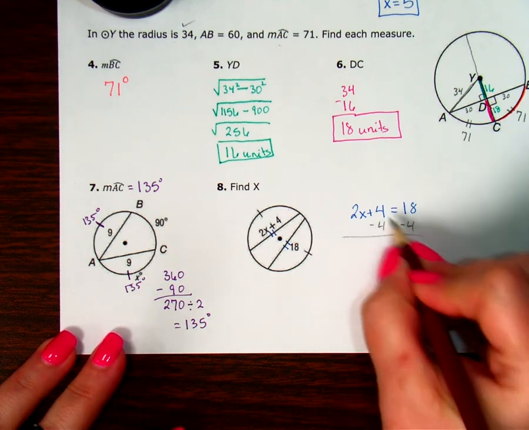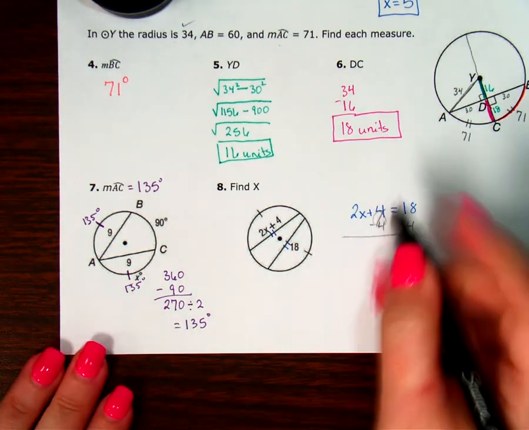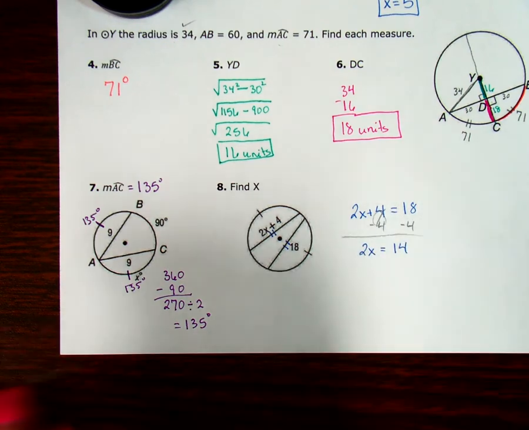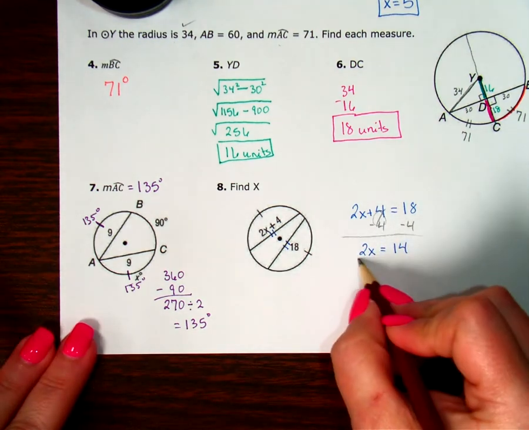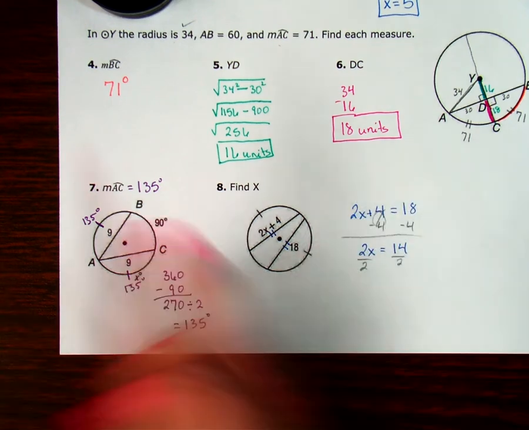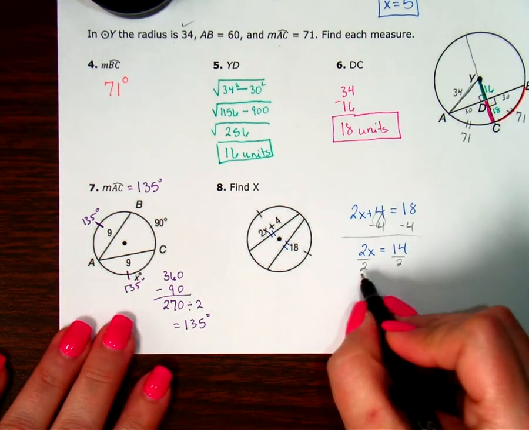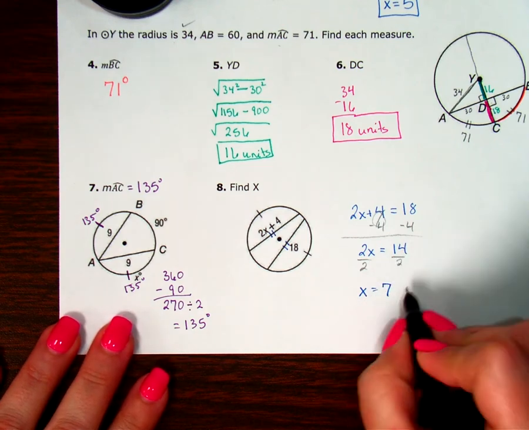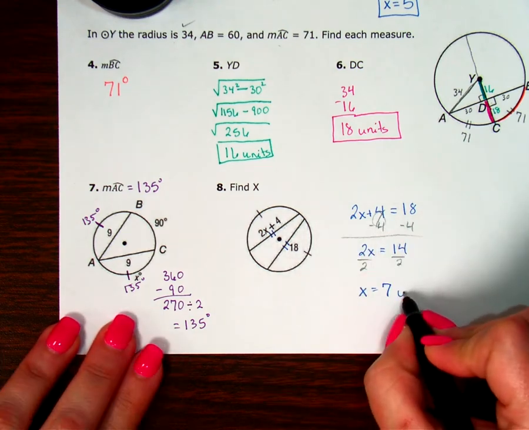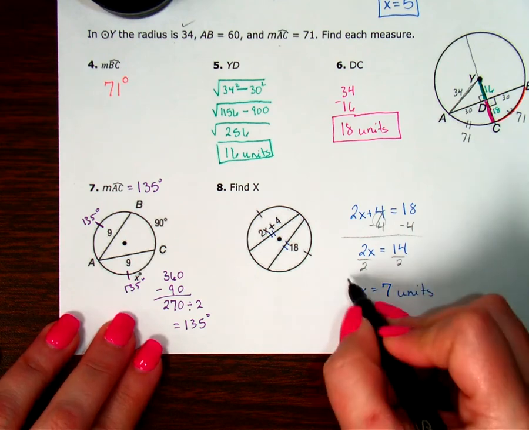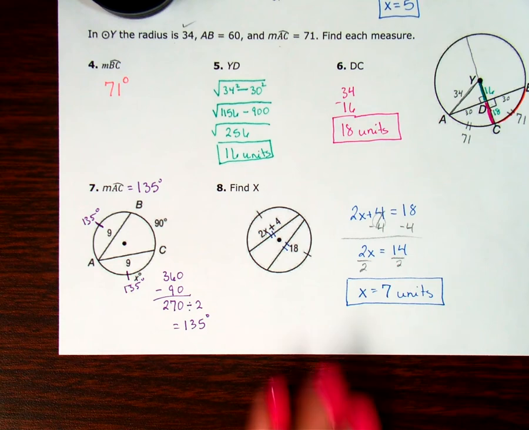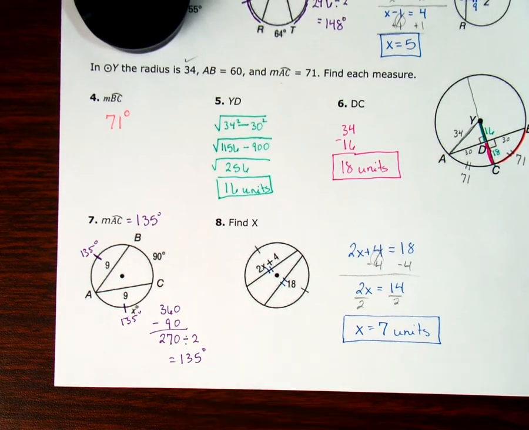Minus 4. 2x plus 0 is 2x equals 14. Divide by 2. 2x over 2 is 1x. 14 over 2 is 7. We don't know what kind of units they are, so 7 units.